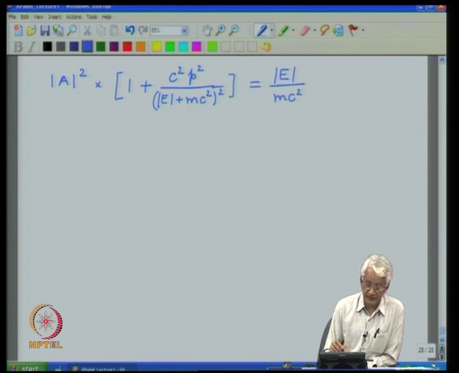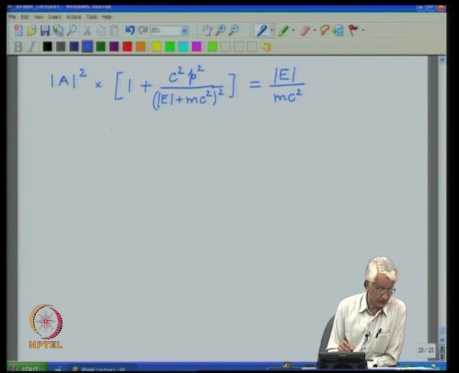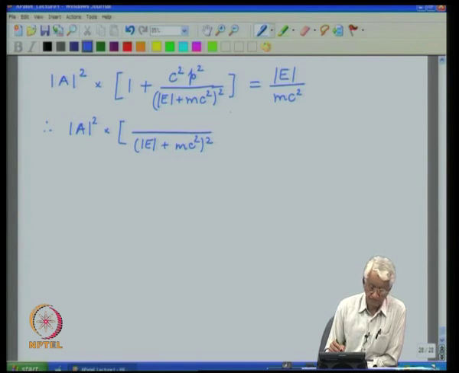There is one factor of E plus m c square which actually cancels with whatever comes in the numerator.